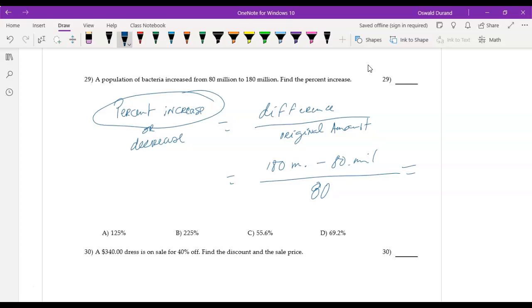So 180 minus 80 is 100. You divide by 80. And let's see what we get here. 100 divided by 80. That's 1.25. And then you multiply that 1.25 by 100. Oops. Too many zeros. And you get 125%.